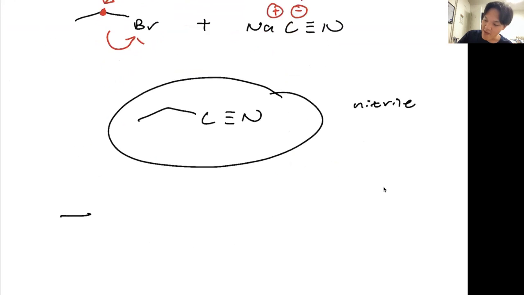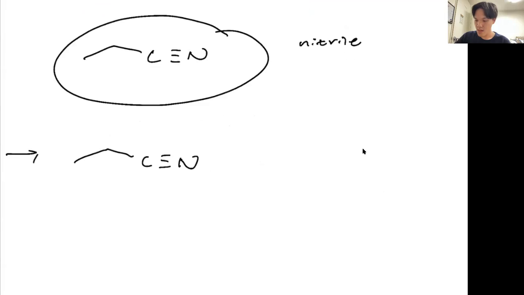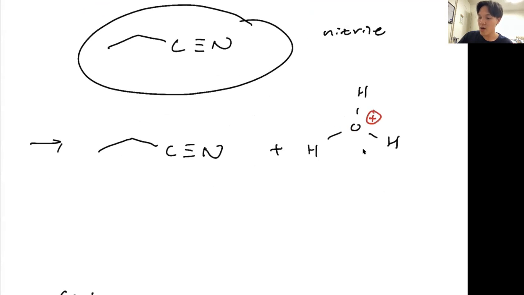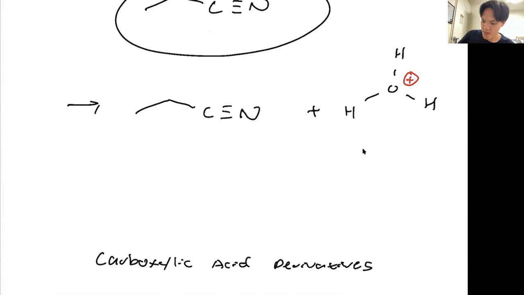And then if you do some chemistry, you react this nitrile under acidic conditions, H3O. You'll actually get what we call an amide, right?